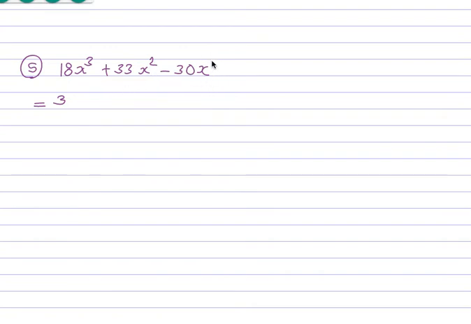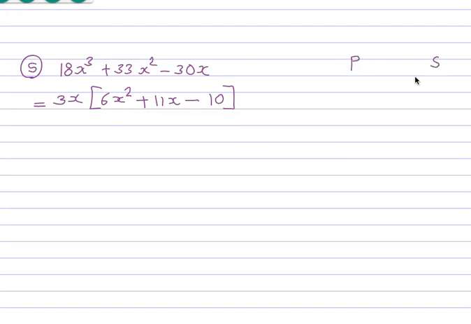This is the smallest power, x to 1, so we can take common x. Okay, so 3 times 6, 18, x square, plus 3 times 11, 33, x, minus 3 times 10, 30, x, already taken out. So yes, we got this quadratic trinomial, and we can solve very easily.